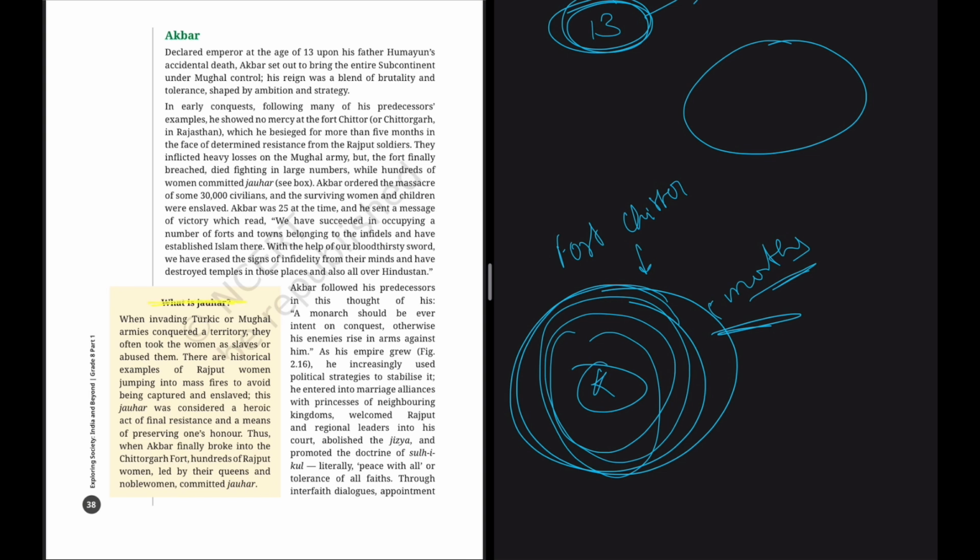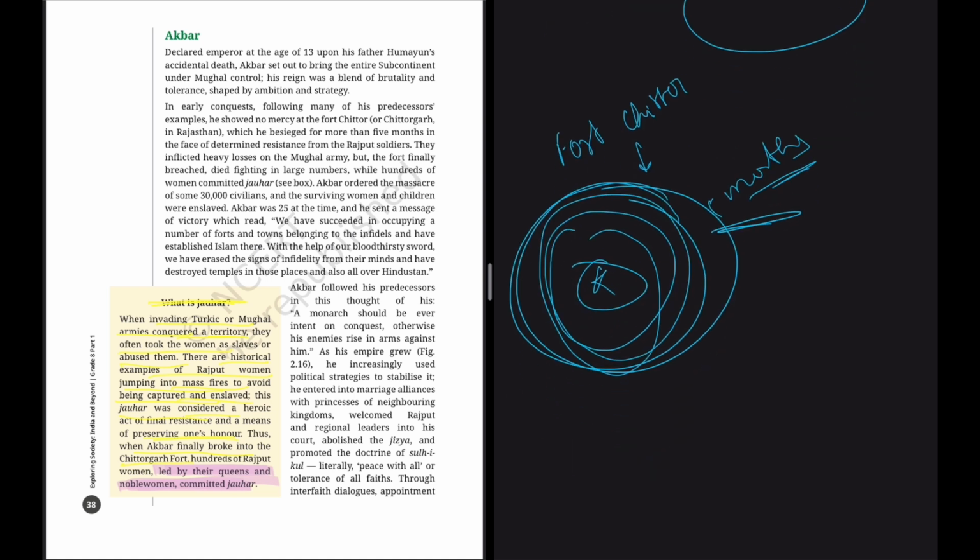What is Johar? When invading Turkic or Mongol armies conquered a territory, they often took the women as slaves or abused them. And there are historical examples of Rajput women jumping into mass fires to avoid being captured and enslaved. This Johar was considered a heroic act of final resistance and a means of preserving one's honor. Thus, when Akbar finally broke into the Chittorgarh fort, hundreds of Rajput women, led by their queens and noble women, committed Johar.